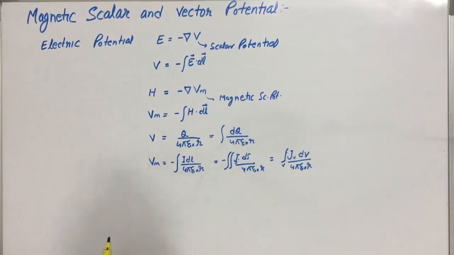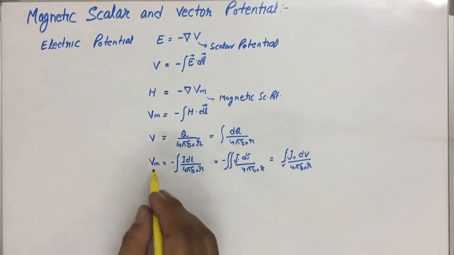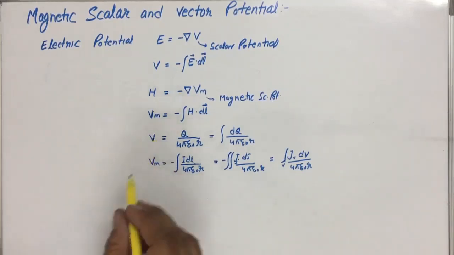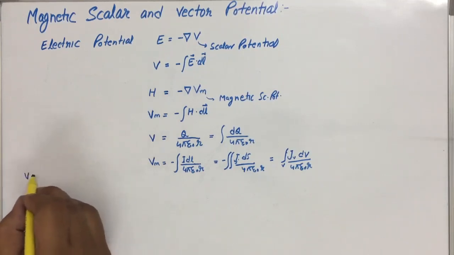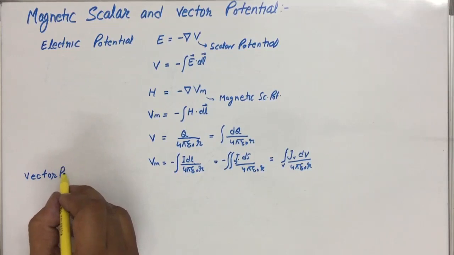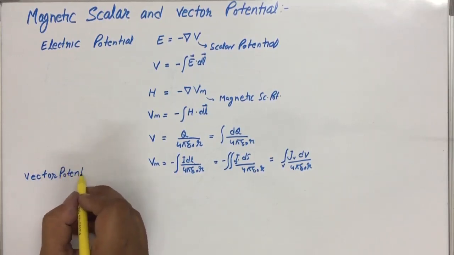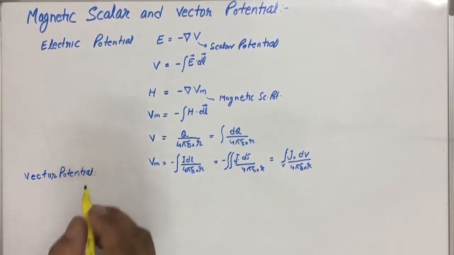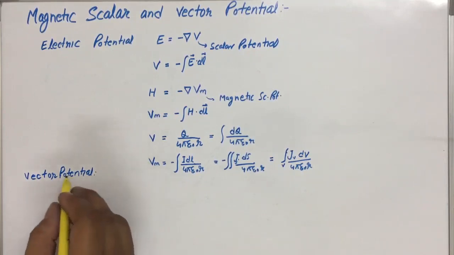And now let us see vector potential. These are scalar potentials. Now if we wish to find the vector potential, we should recall some identity.